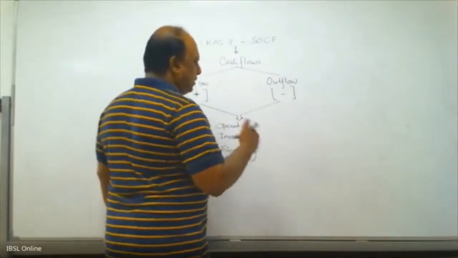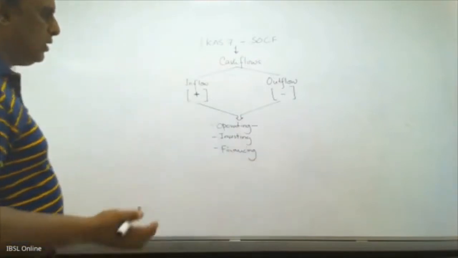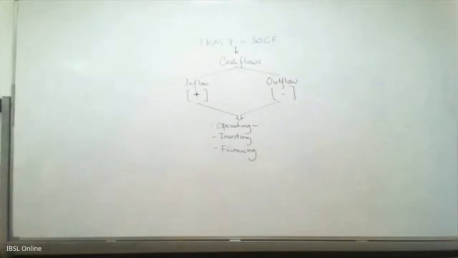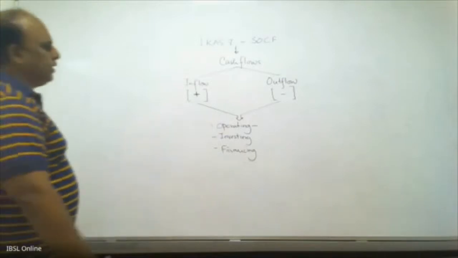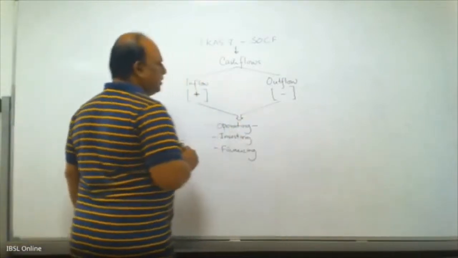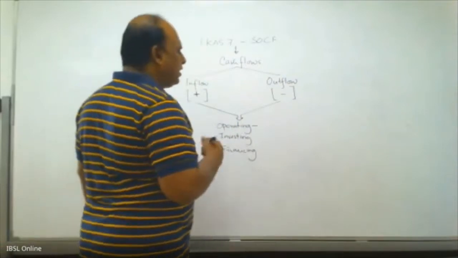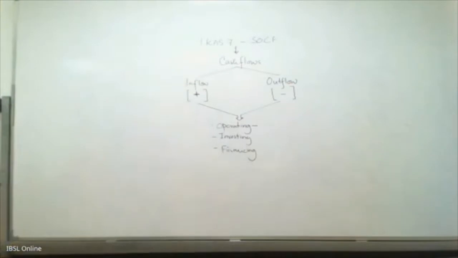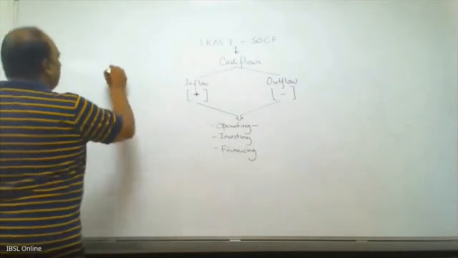Say for example, your sales and your cost of sales, or maybe your revenue, and in order to earn that revenue, whatever the costs or expenditures that you have incurred, all those are captured under this. So in other words, this is talking about the cash inflows and outflows of your day-to-day operations, right? So we also capture here the movements in your working capital.